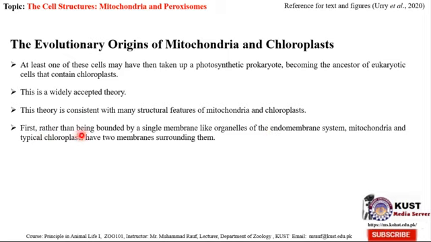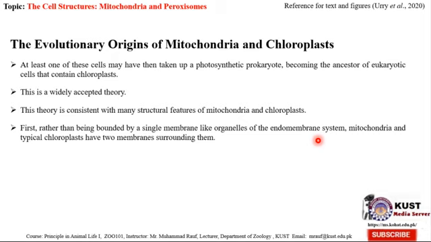First, rather than being bound by a single membrane, like organelles of the endomembrane system, ribosomes have no membranes; endoplasmic reticulum, Golgi bodies, vacuoles, and lysosomes have a single membrane, whereas the nucleus has a double membrane.